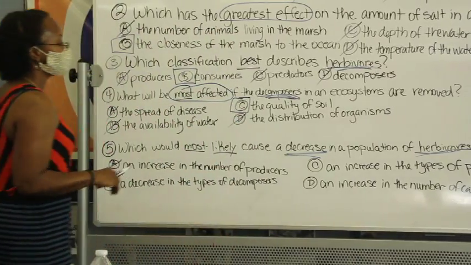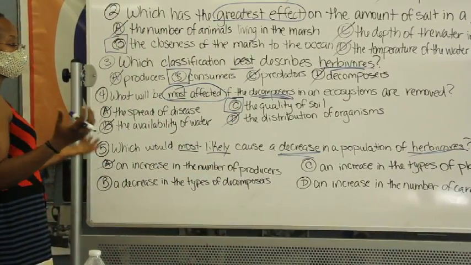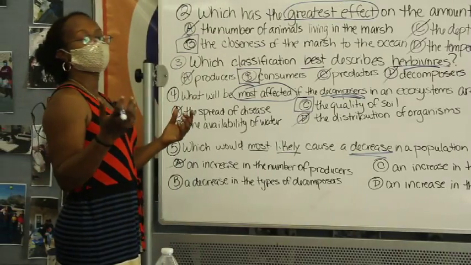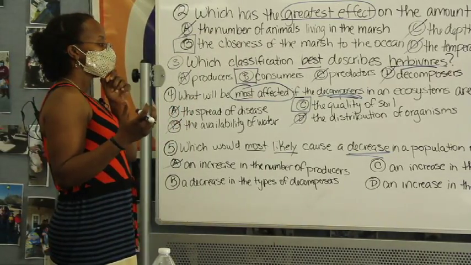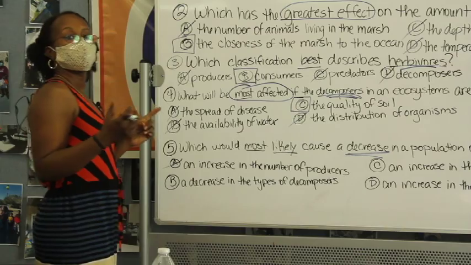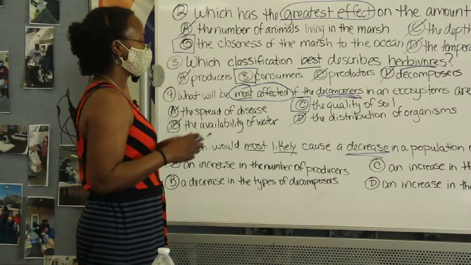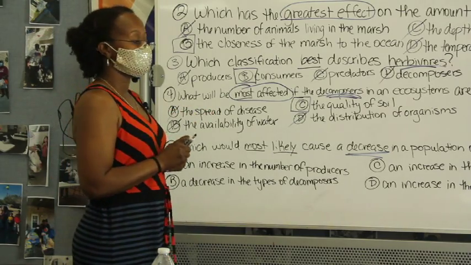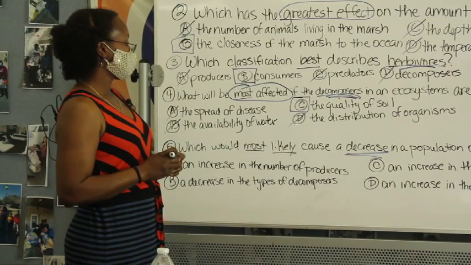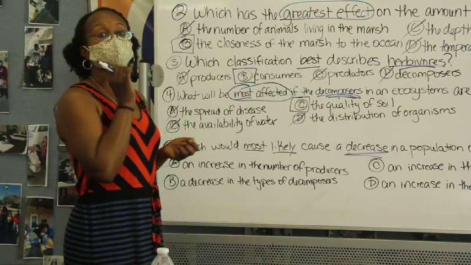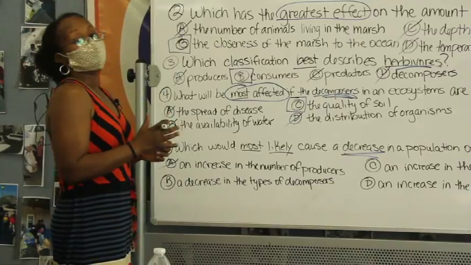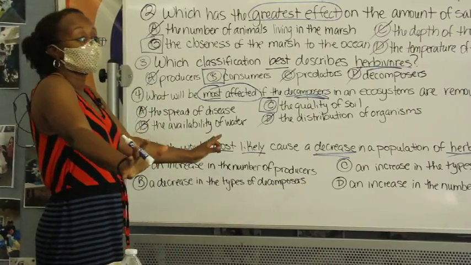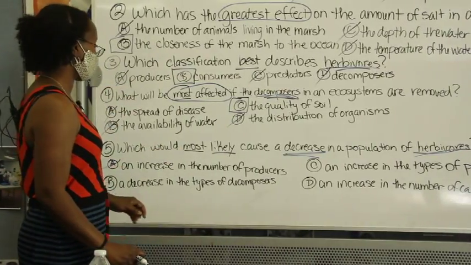If you have an increase in a type of plant, don't herbivores eat plants? It may increase your population of herbivores because, like I said, more plants will come, unless it's something that's poisonous, then it might be different, but we can't say for certain. So let's just leave that one alone.